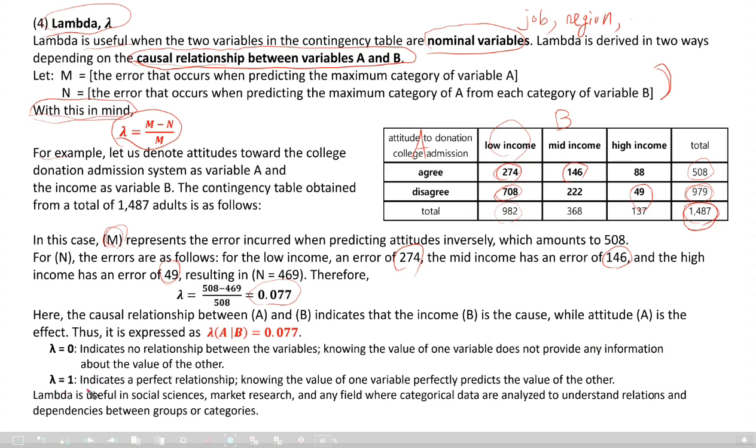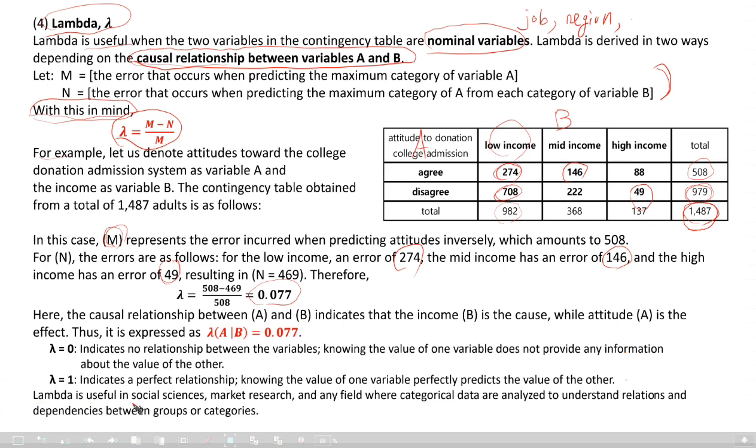Lambda 1 indicates a perfect relationship. Knowing the value of one variable perfectly predicts the value of the other. So it is a very reasonable measure of association for a contingency table.